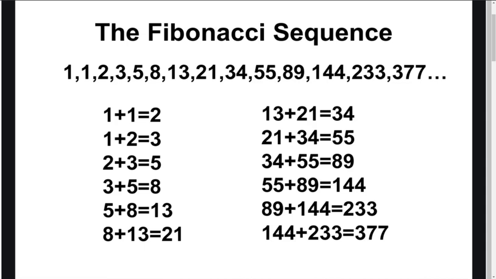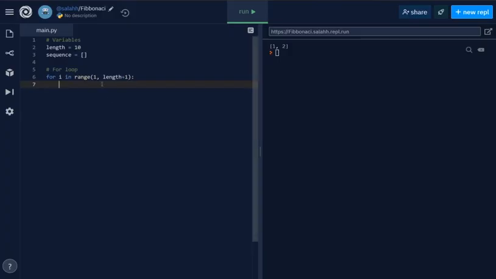So we're just going to say if i is 1 or 2, just append 1 to the sequence variable. So let's type that out now. If i in 1 or 2, then we're going to do sequence dot append, and in the brackets we're going to write 1.